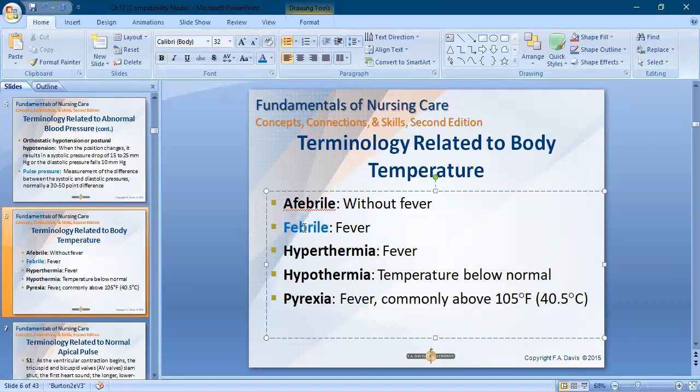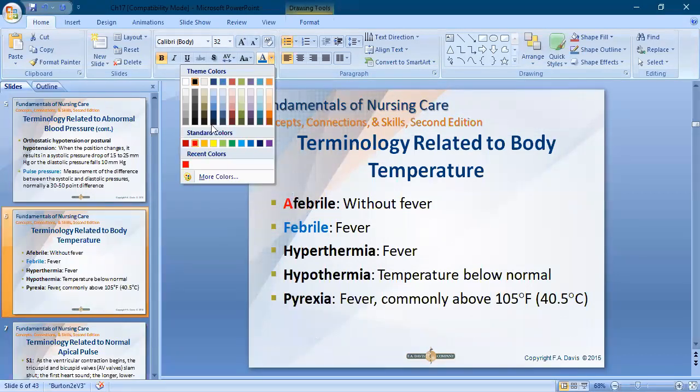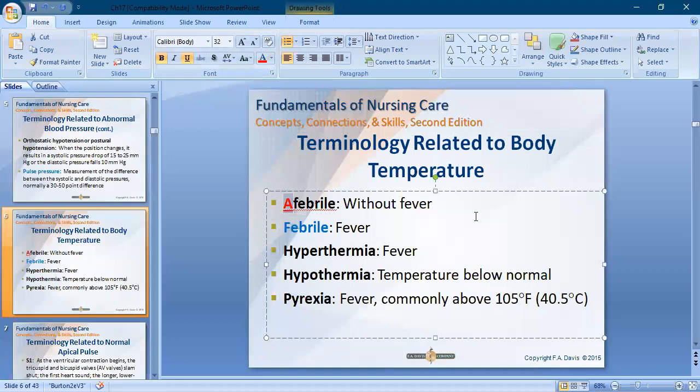Febrile means fever, but afebrile, as I said several times, when any term starts with A, A stands for absent. So absence of fever, like amenorrhea, absent menstruation. Like I said, afebrile, no fever, without fever.